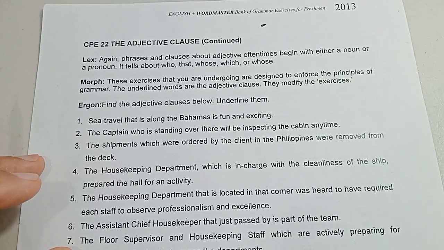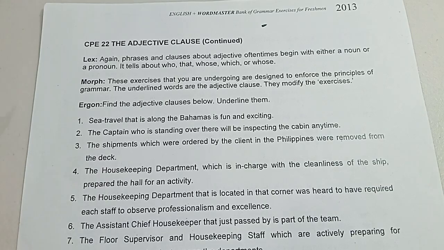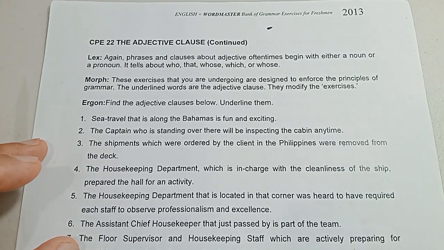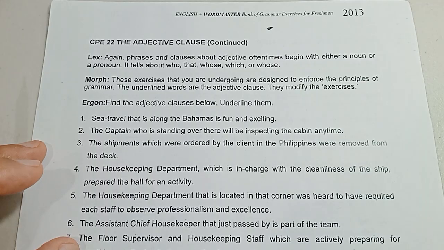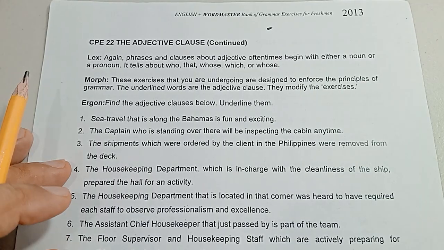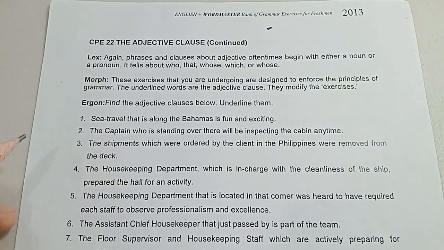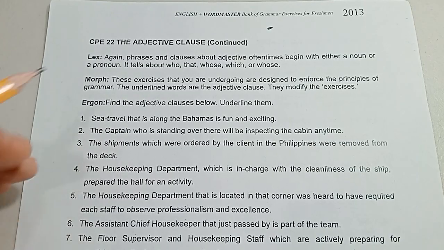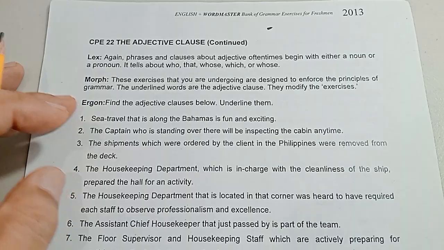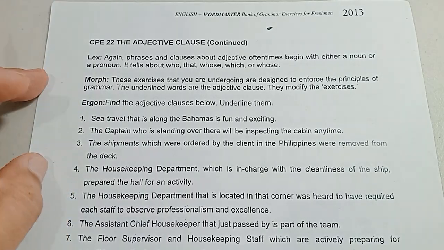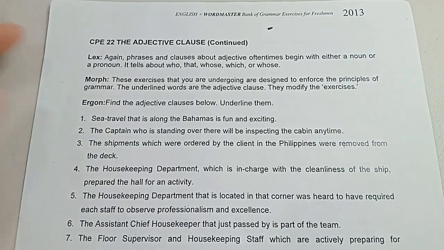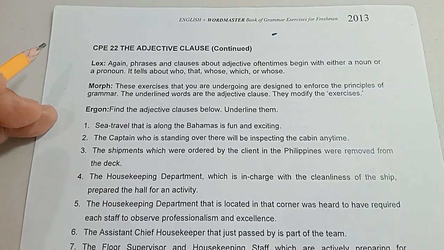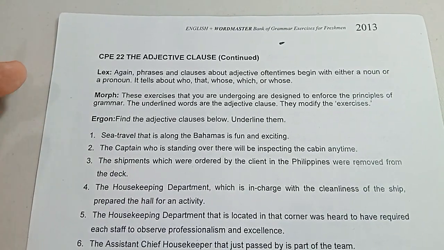We're now in the advanced level of grammar, and I hope that you are still finding time to study and learn our lessons. I hope that you are still keeping that motivation despite the challenges of patience. Now we are in the adjective clause.